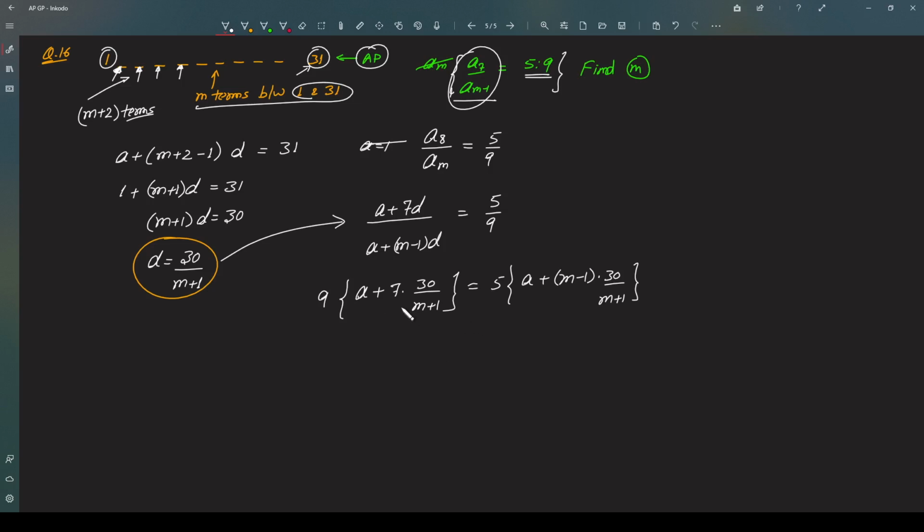Even the value of a you can substitute: a is 1, the first number of the series. So we have done a few things in a single step: the cross multiplication first, then substituting the value of d, and then the value of a. Once you do all this, this is what you will get.